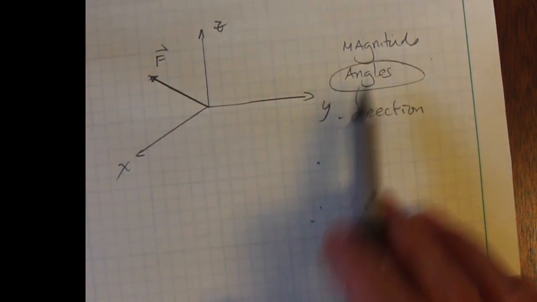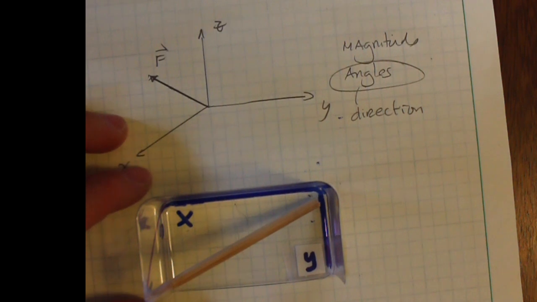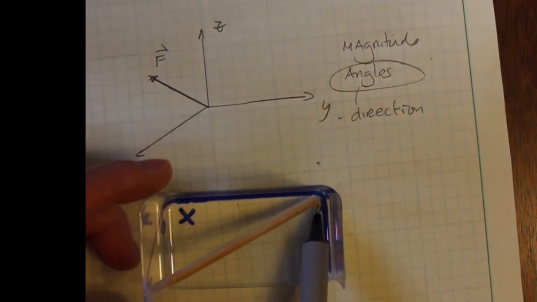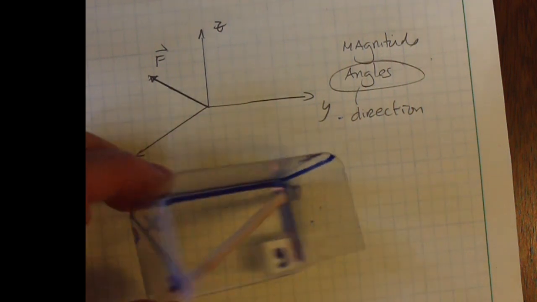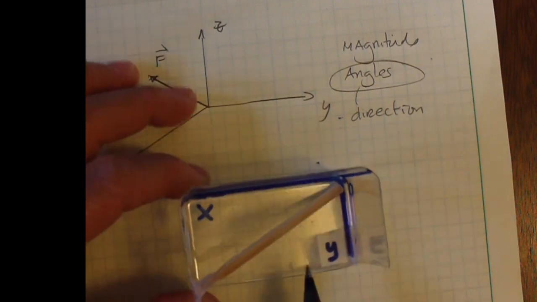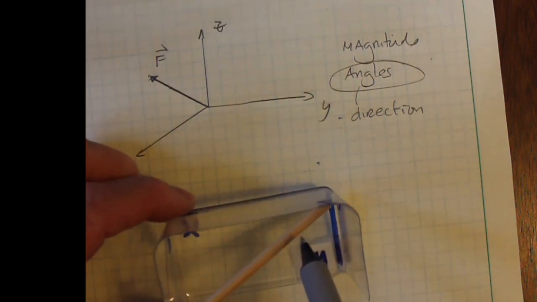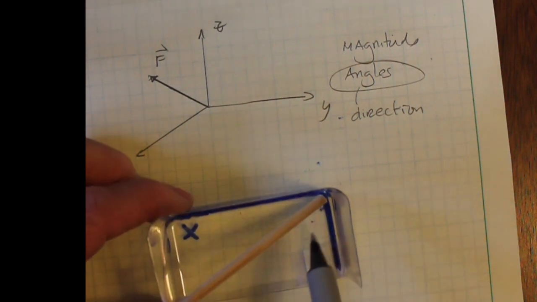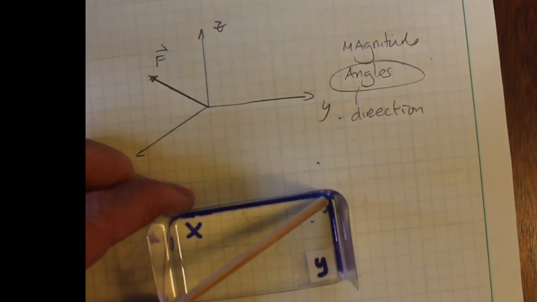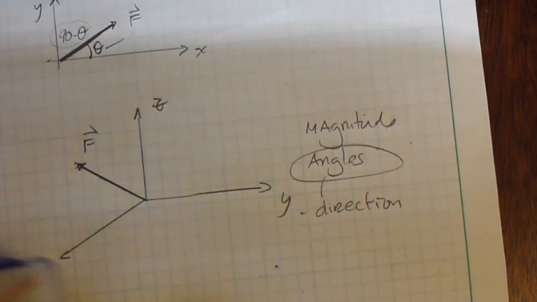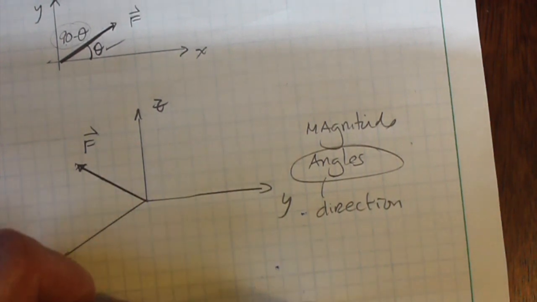So how do we go about specifying the direction of this force vector? We need to use some angles, and I'm going to demonstrate that by using this prop here. So I have this force vector F. It starts from the origin and it goes to this top corner, and I've labeled it as point A, and that force vector makes a certain angle with the x-axis, with the z-axis, and the y-axis. Furthermore, we can get even a better idea of how that force vector lines up with each of the planes by looking at this model.